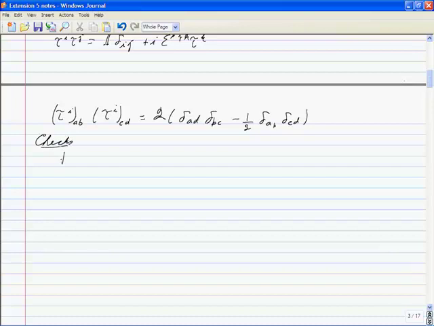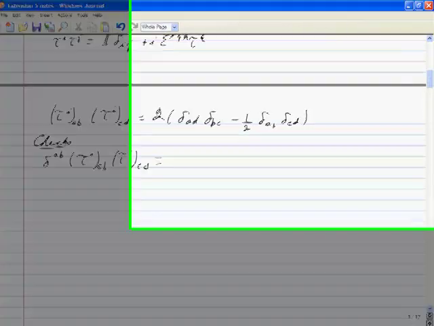Actually, let me do the following first. Let's first take delta AB on this thing: tau i AB, tau i CD.